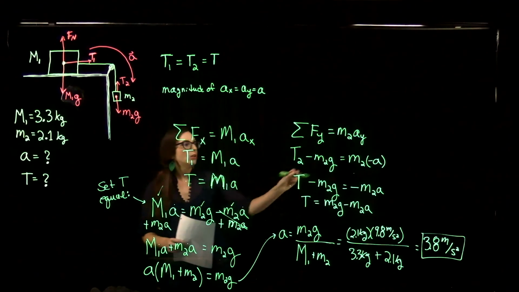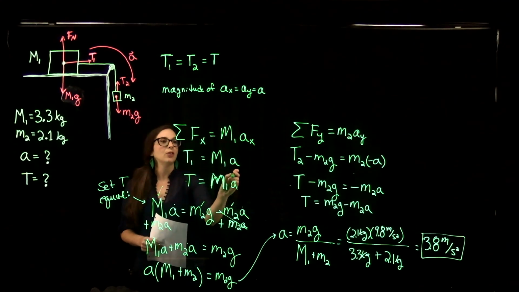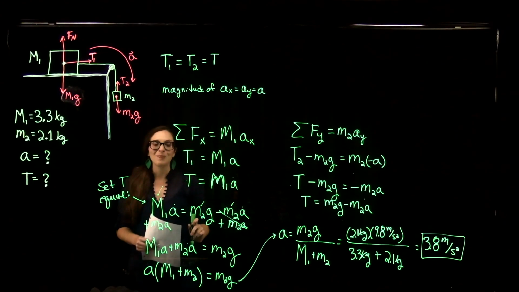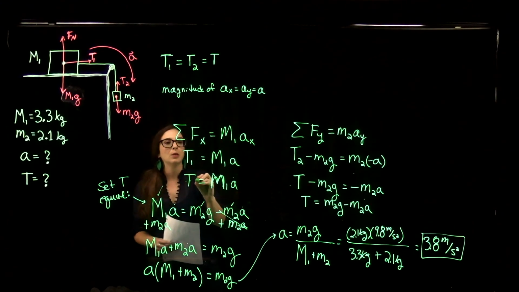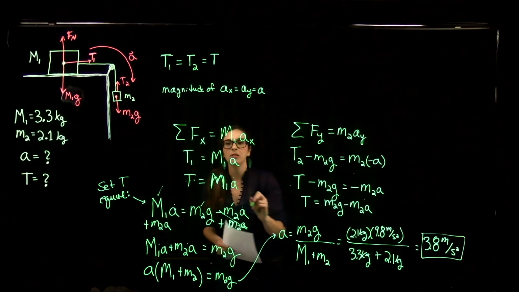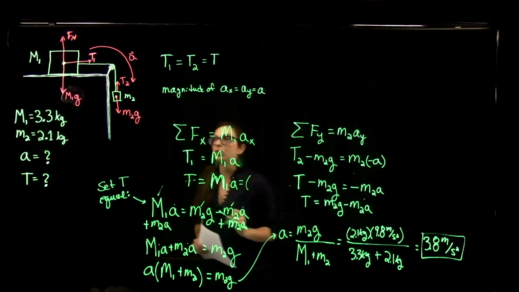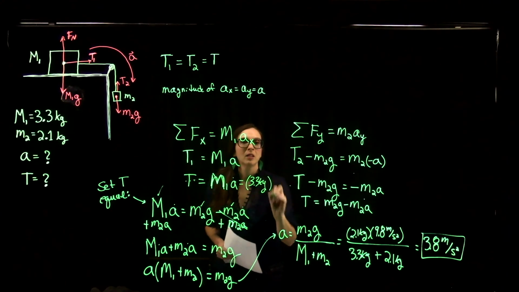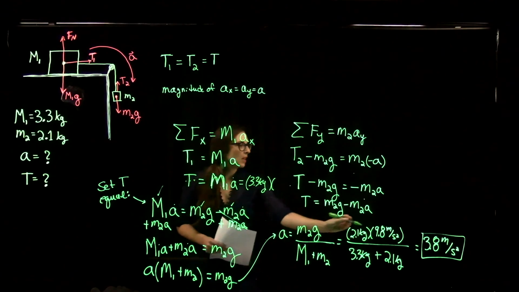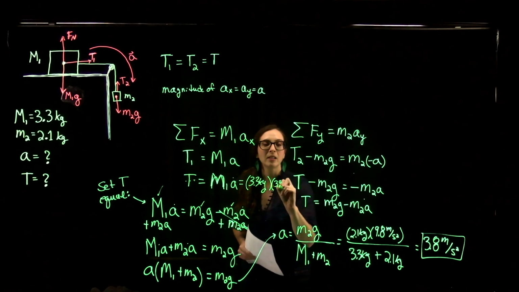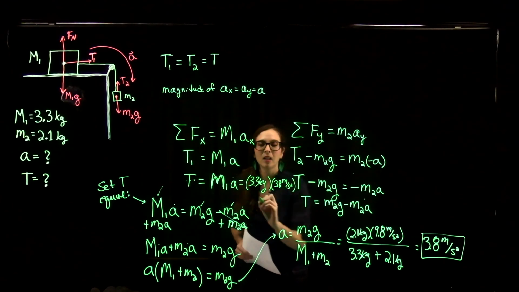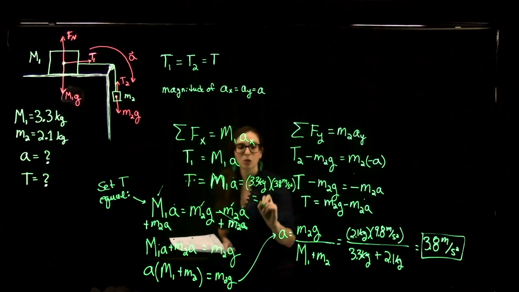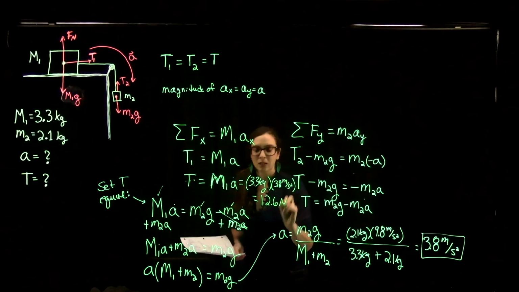What's the tension? You could take 3.8 meters per second squared for acceleration and put it into any one of these two equations, and you'd get the same answer. So let's just do the simple one. Let's put it into this one right here. So if we do that, tension is equal to our big mass, 3.3 kilograms, times our acceleration, 3.8 meters per second squared, and then I find that the tension is equal to 12.6 newtons.